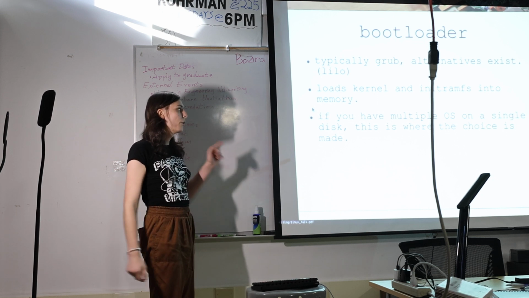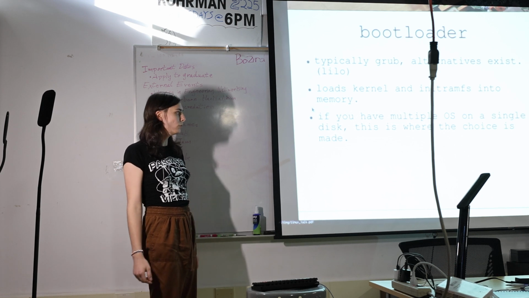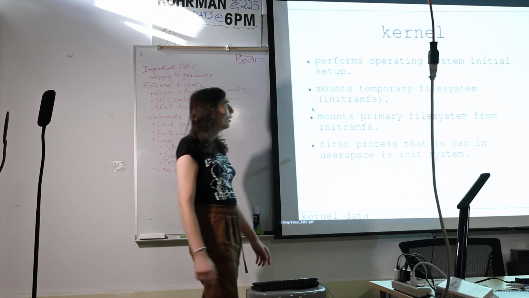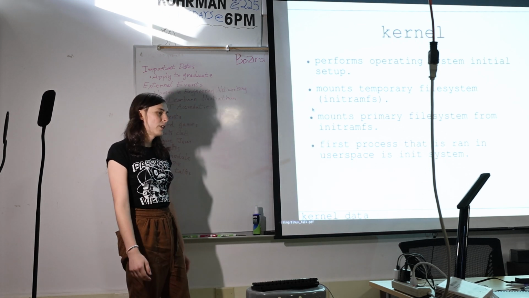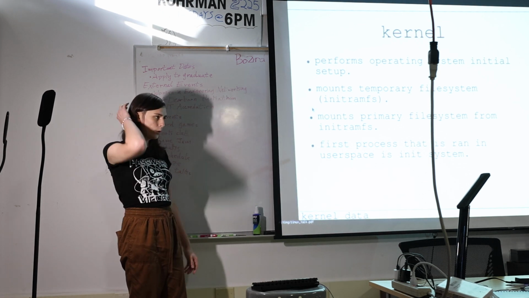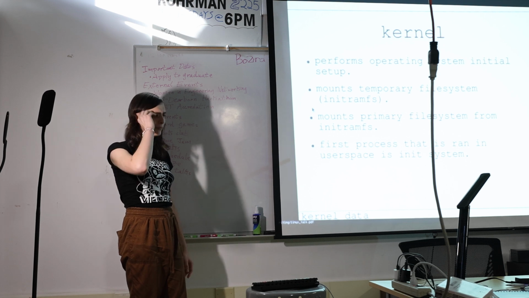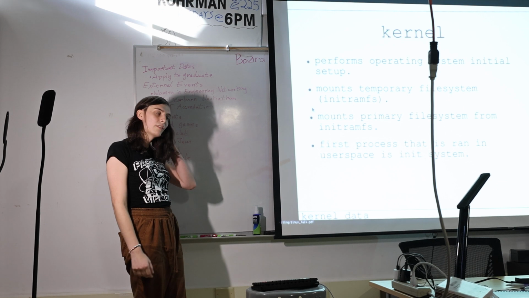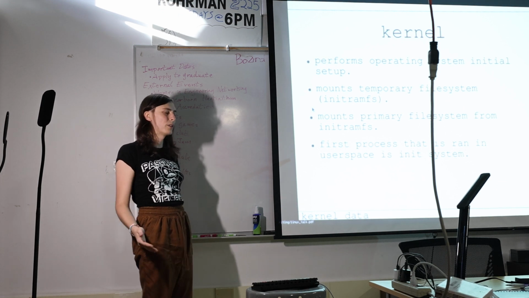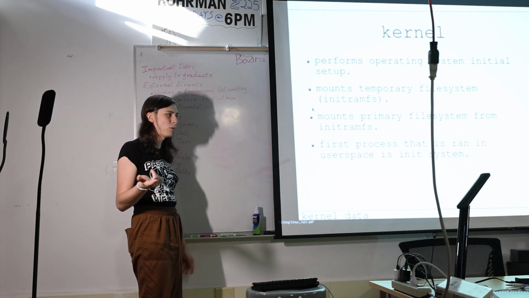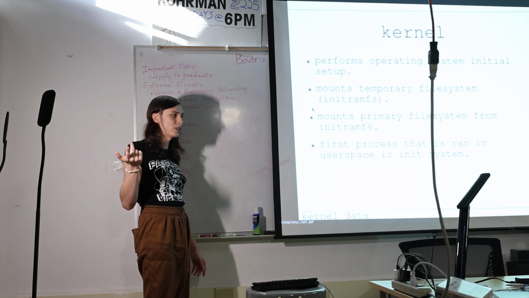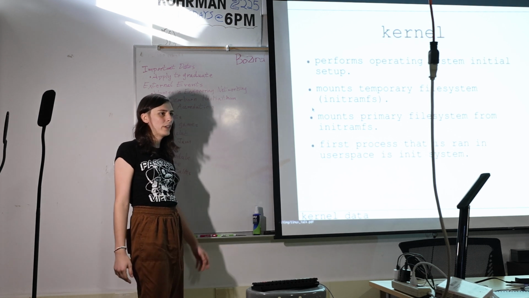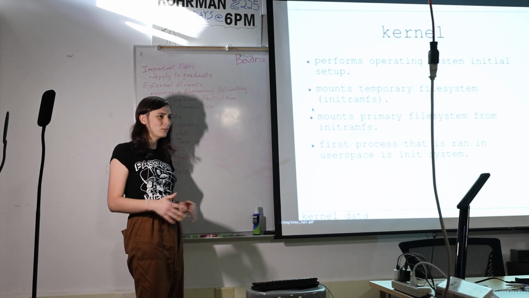So it loads that into memory as well as the kernel, and then passes control to the kernel, which does basic operating system setup, stuff like setting up a virtual memory system and the virtual file systems, because you can have multiple different ones like ext4, I don't know what the other ones are, of disk partitioning schemes, but the kernel needs a way to communicate with all of them.